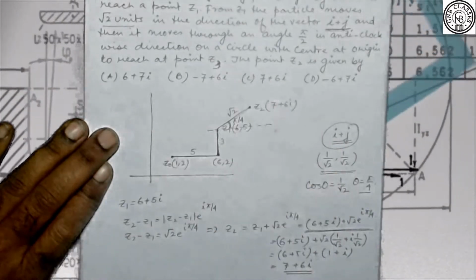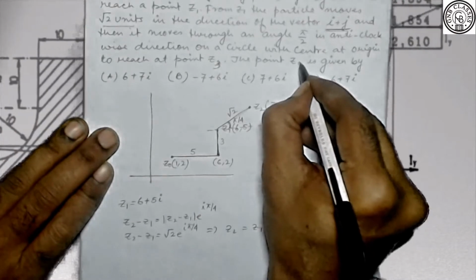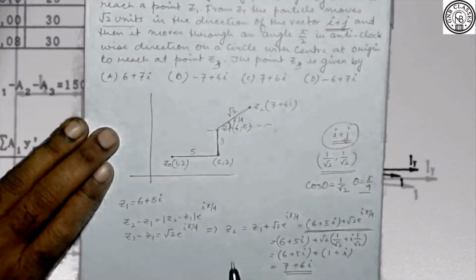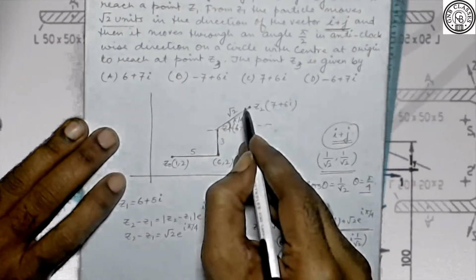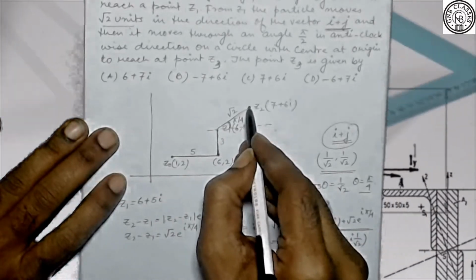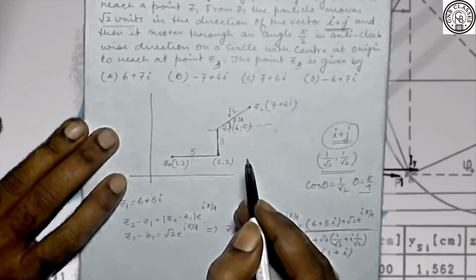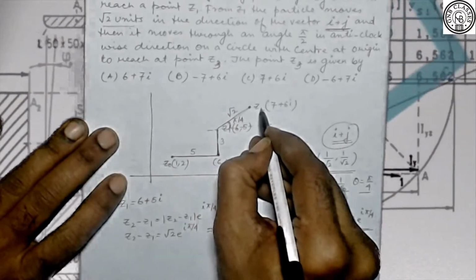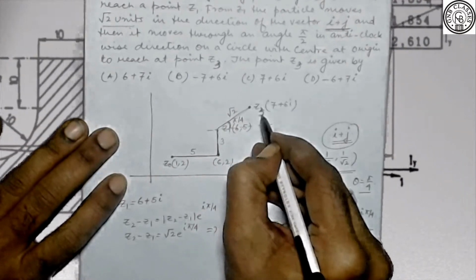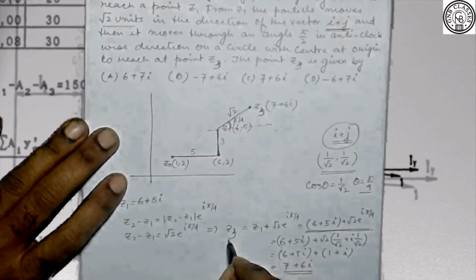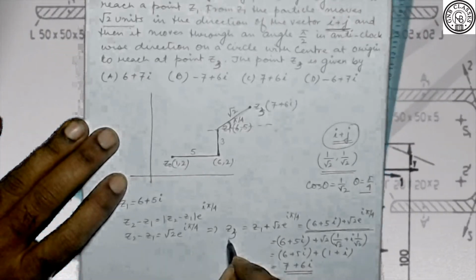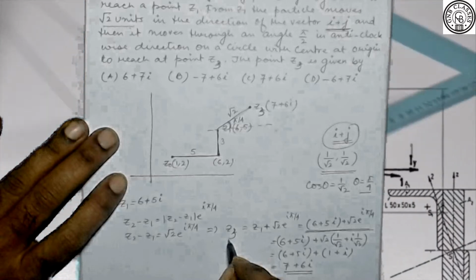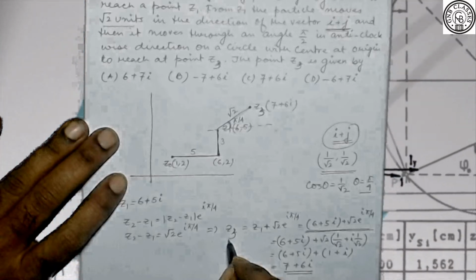So the point Z3 is required. So what happened? After reaching this point, it is now moving in the anti-clockwise direction to this point. Okay? Don't be confused. The required point is Z2. It's not Z3. Z3 has already been denoted here. The position vector of Z3 is 7 plus 6 iota.